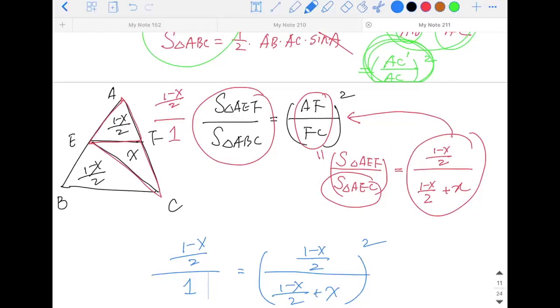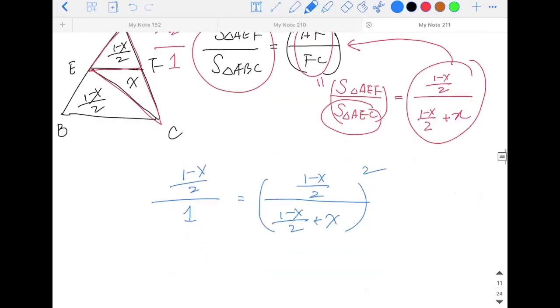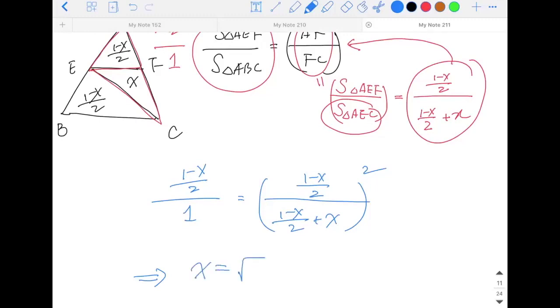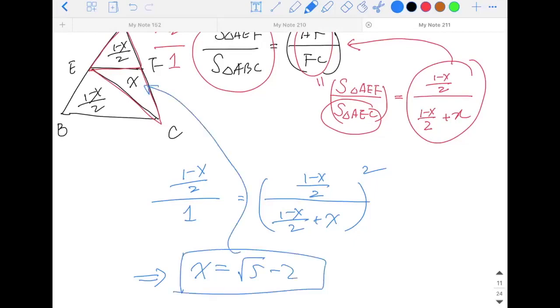So far, so good? This is how we construct such a relationship simply using x. Of course, this is going to be a quadratic equation for x. You'll be able to determine x equals square root of 5 minus 2. That is the area of triangle ECF, and that's the solution for today's problem.